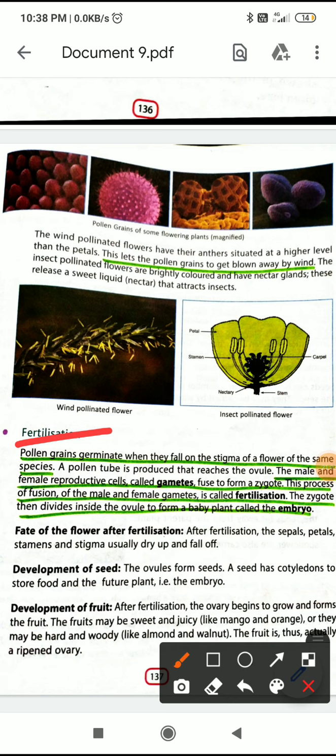You see here, what is the meaning of fertilization? Pollen grains germinate when they fall on the stigma of the flower of the same species.